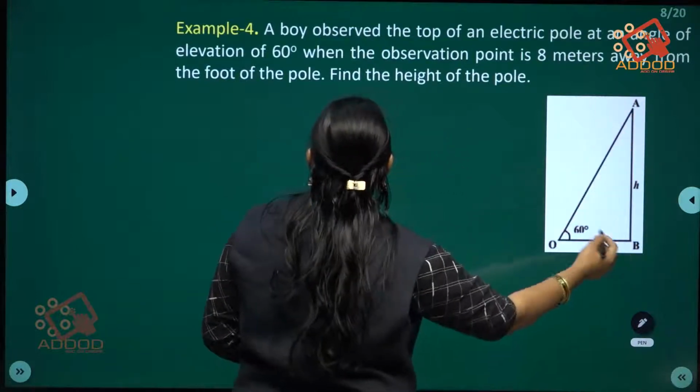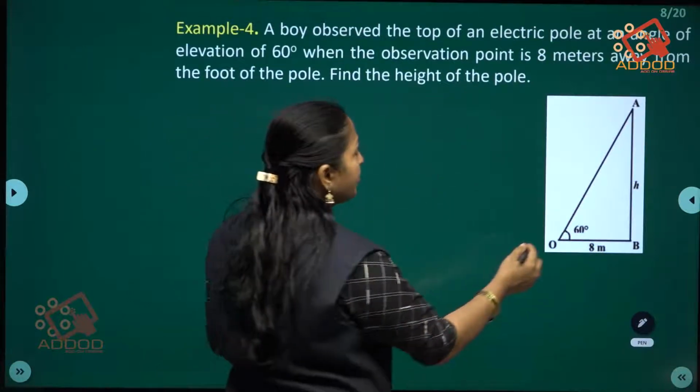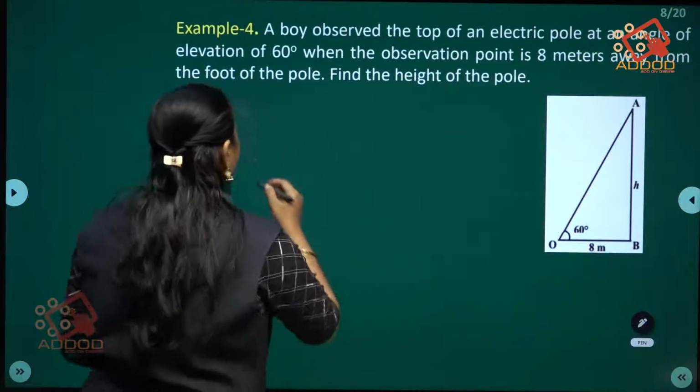The given angle of elevation is 60 degrees when the observation point is 8 meters away from the foot of the pole. Find the height of the pole. So what is given?